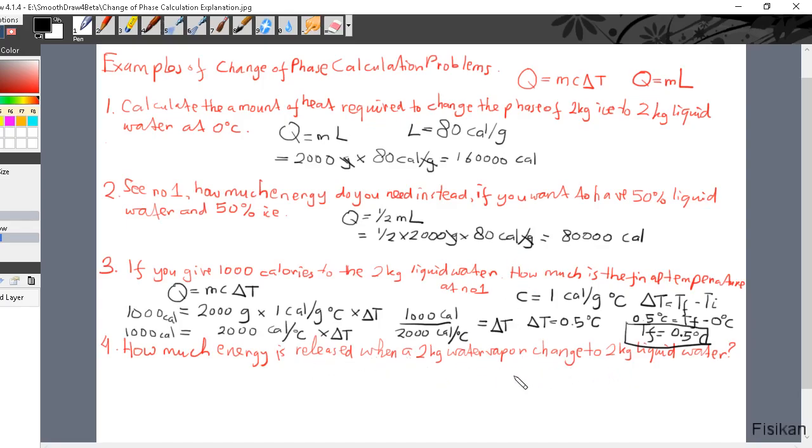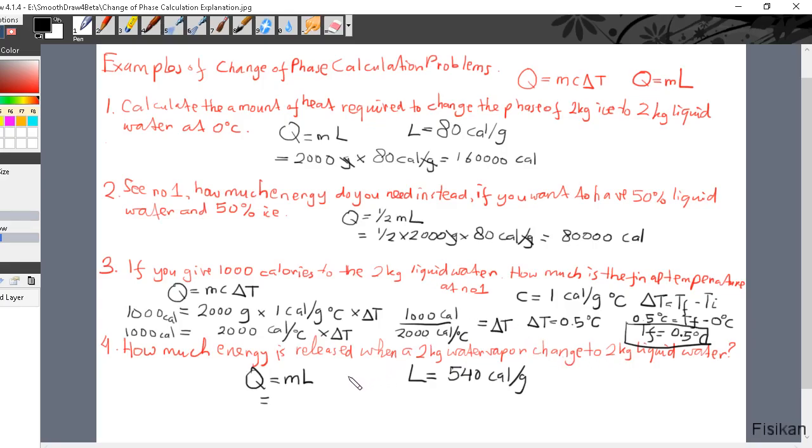So the formula that we use is Q equals ml. And then we know that the L, the latent heat of vaporization, is 540 calories per gram. We write down here 2 kilogram.